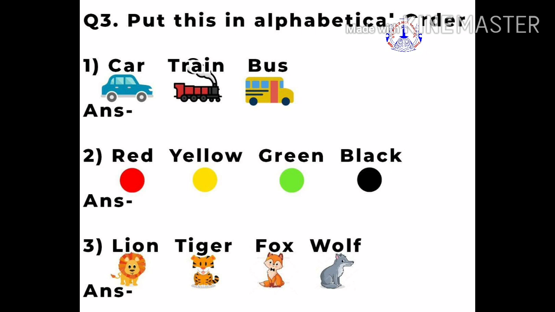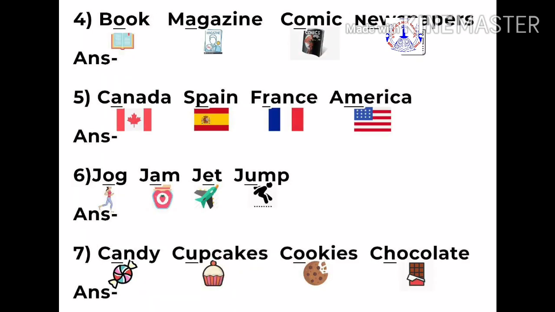Fourth one, book, magazine, comic and newspaper. See the starting letter of each word, arrange and write again. Fifth one, Canada, Spain, France and America. Look at the first letter and arrange.